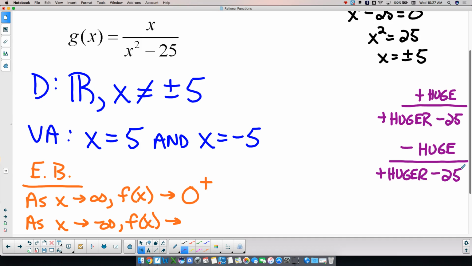So now I'm going to have a negative divided by a positive. It's going to be negative, so that means I'm going to approach 0 from below, because below is the negative side.